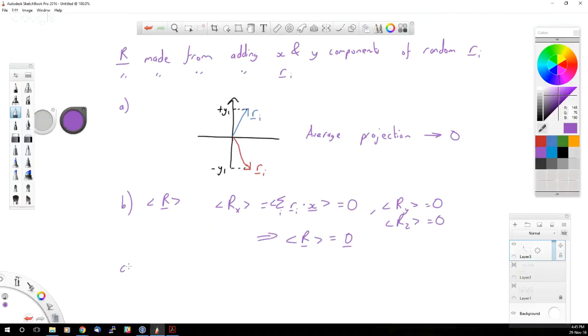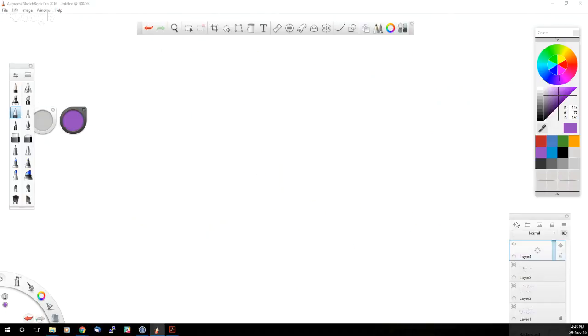But then we're looking in part C for, actually I'm going to get rid of all this, so I've got some more space for the next one.